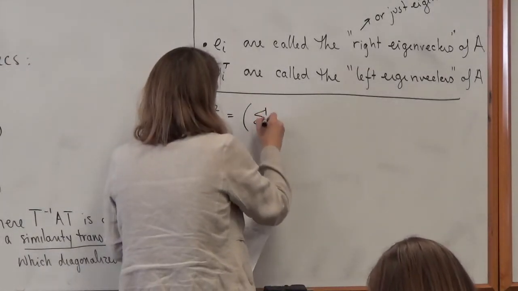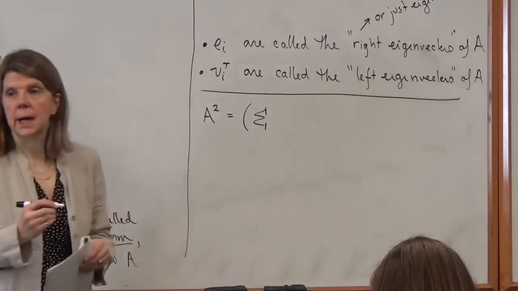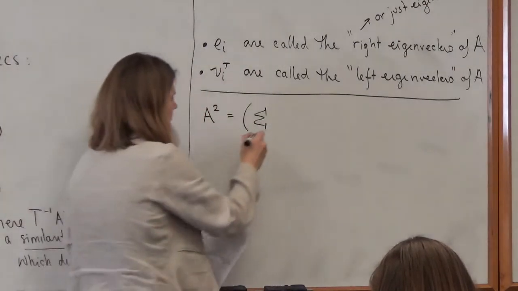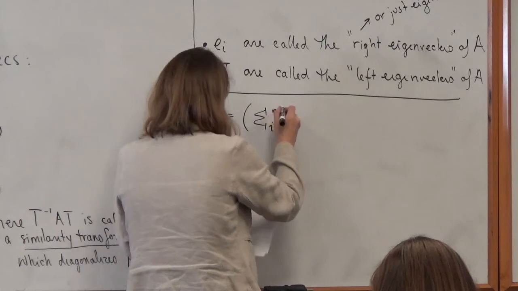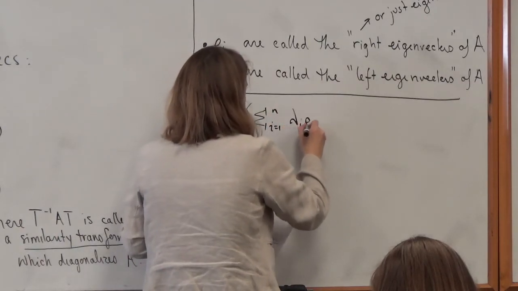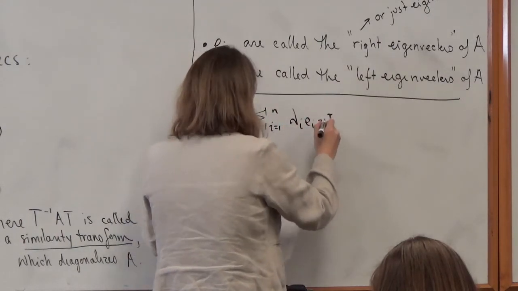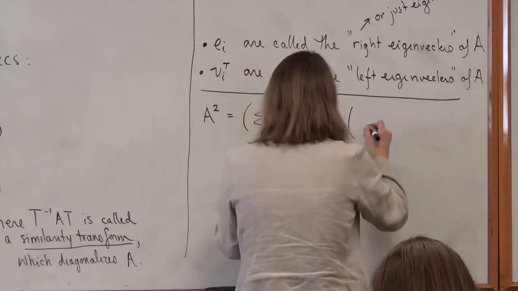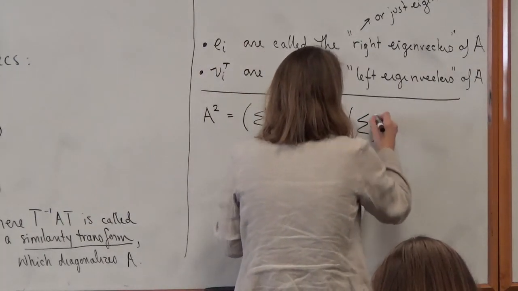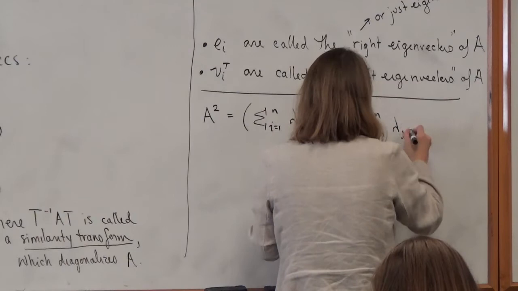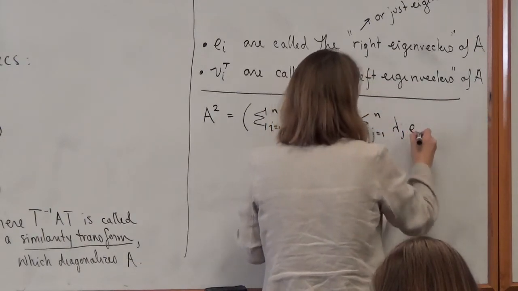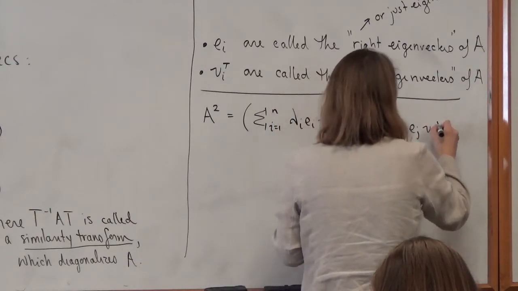I know I can write A in terms of its dyadic expansion. So that's the summation from 1 to n of lambda i e i nu i transpose. Those are my rank 1 dyads. Times the summation of lambda j e j nu j transpose.